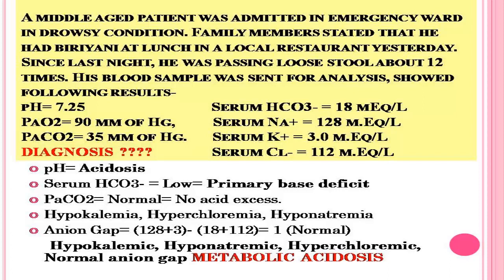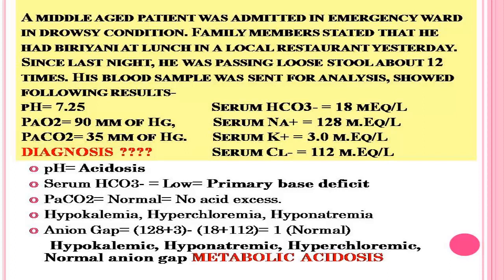Now look at the associated factors, that is the electrolyte imbalance or any causative factors that are present or not. Now look at the other parameters, that is the electrolyte parameters. Now you can say that there is hyponatremia, that is sodium level is low, and potassium level is low, so there is hypokalemia.